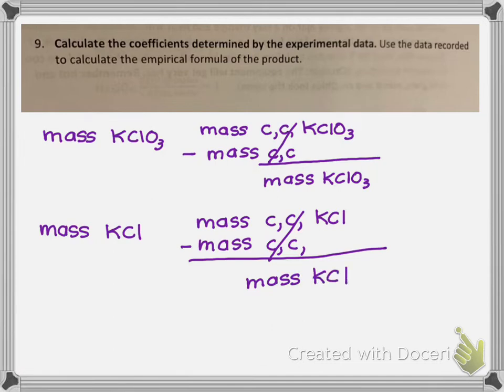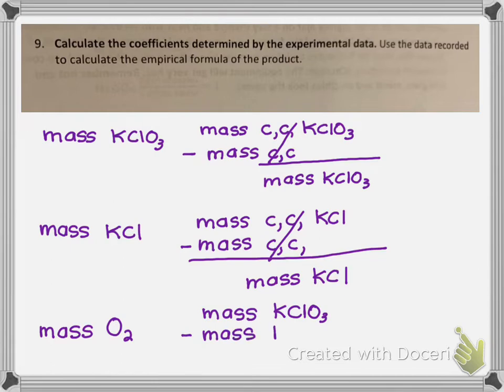And then finally, we need the mass of the oxygen. This is the third calculation so that we can have the masses of all of the components in the reaction. And for the mass of the oxygen, we use the law of conservation of mass, and we take the mass of the potassium chlorate, which we calculated up above, and we subtract the mass of the potassium chloride, which we just calculated.